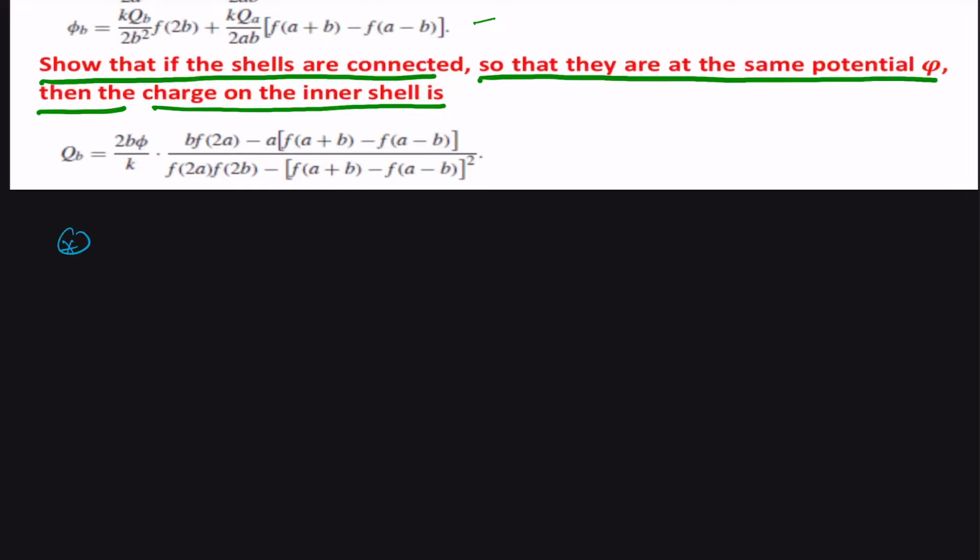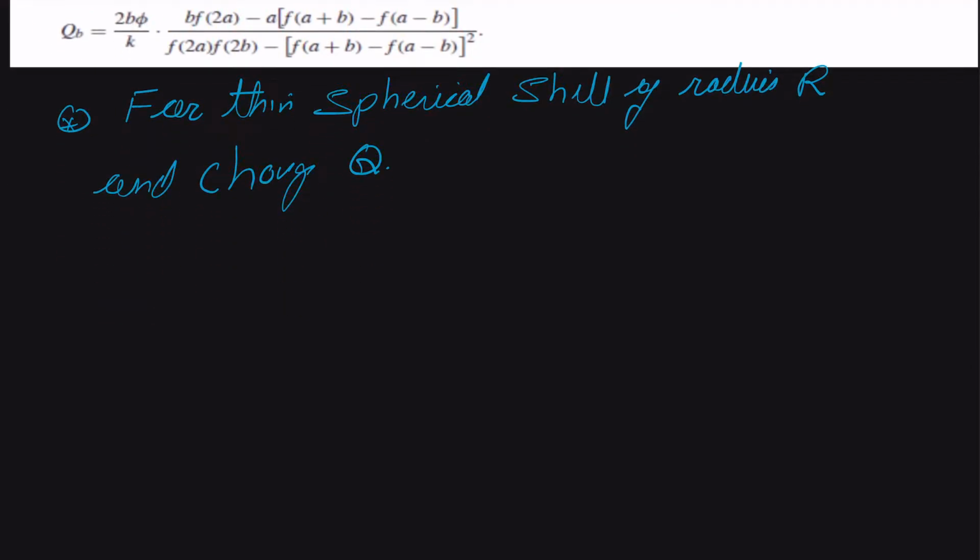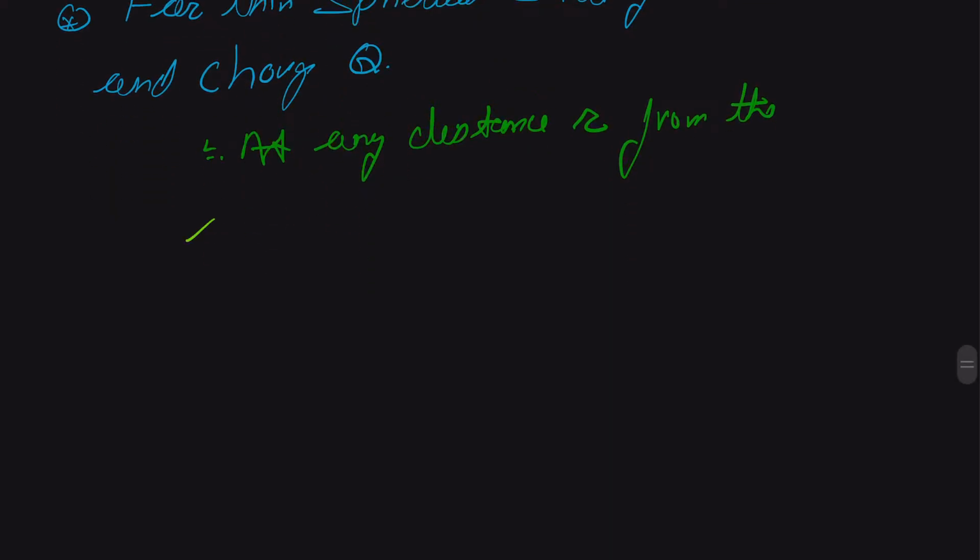That general formula states that for a thin spherical shell of radius capital R and charge Q, we can write that at any distance r from the center, the potential is given as phi.